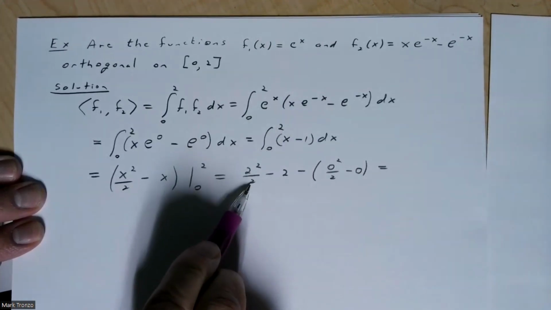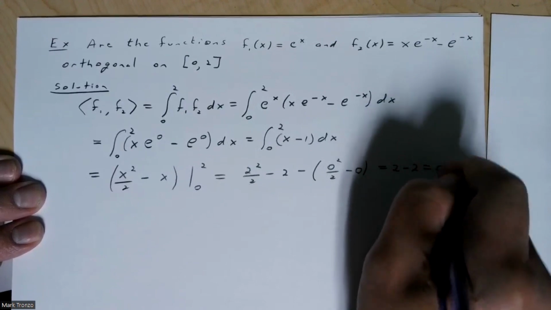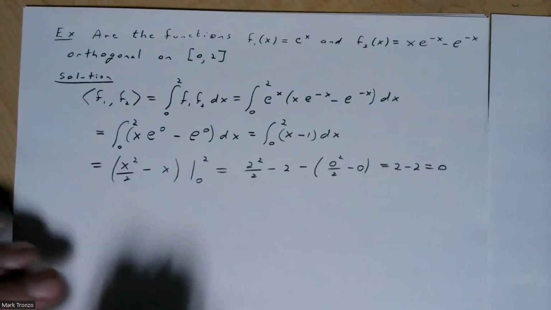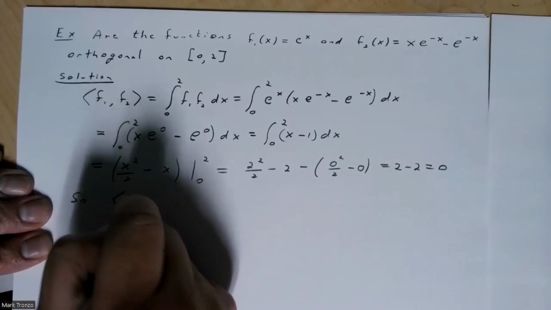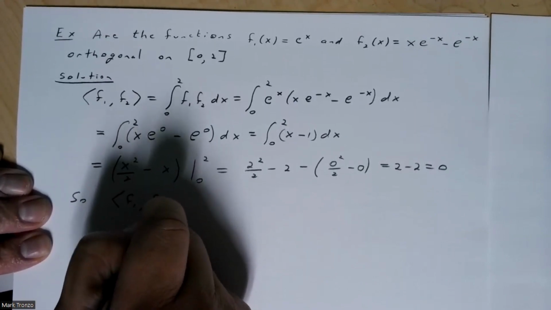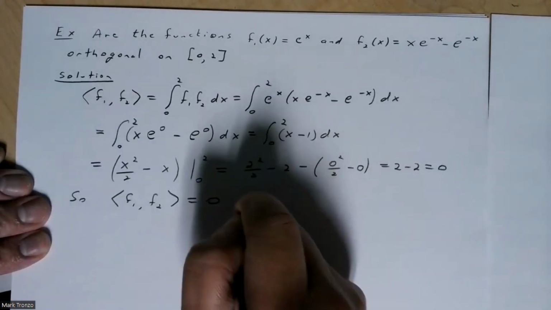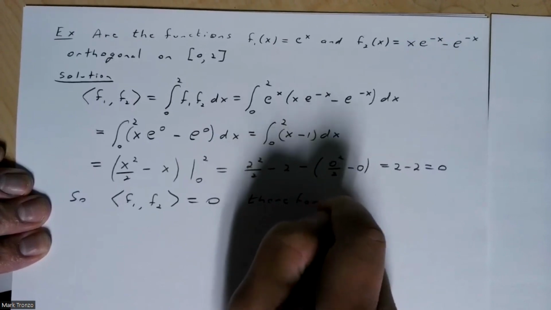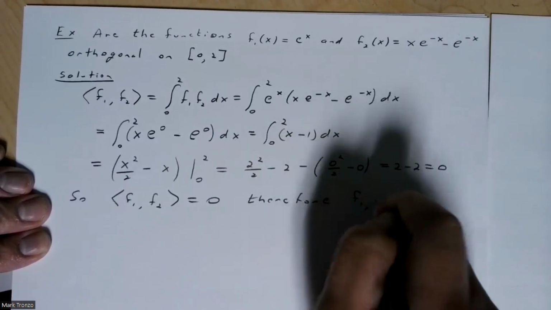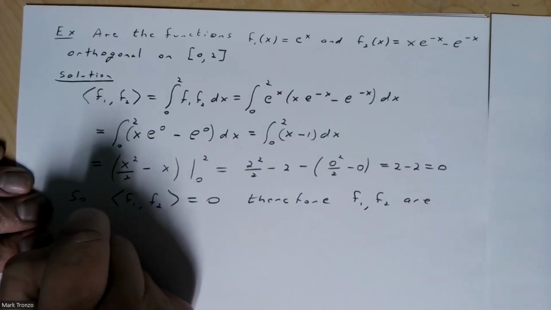And so it's going to be 4 divided by 2, which is 2, minus 2, which is 0. So we got the inner product of those two is 0. Therefore, f1, f2 are orthogonal.